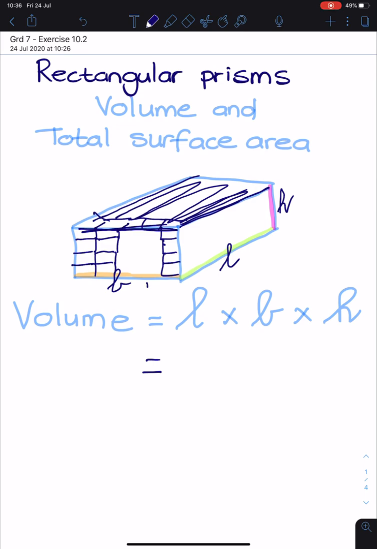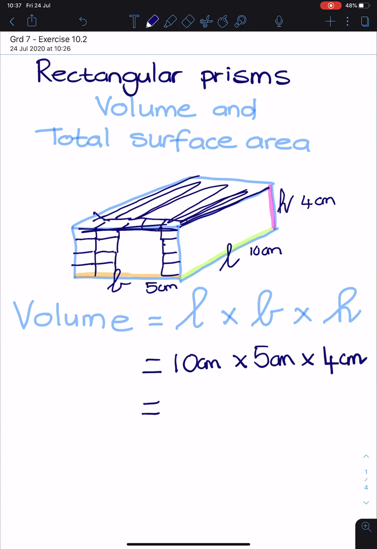Let's say that the breadth is 5 centimeters, the length is 10 centimeters, and the height is 4 centimeters. Length 10 centimeters times breadth, which is 5 centimeters, times height, which is 4 centimeters.